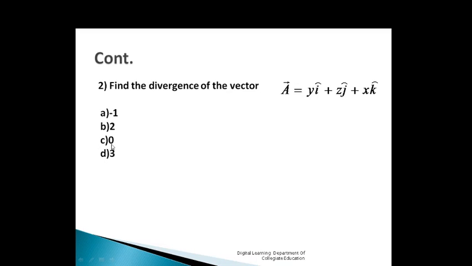Option C is the correct answer. The divergence of this vector is 0.